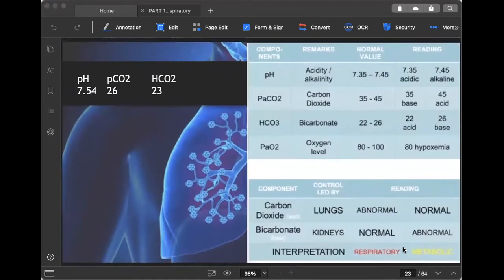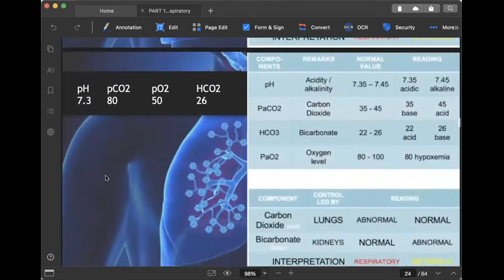The pH is elevated, which is 7.54. This is alkaline. Your bicarbonate is 23, that is normal range, but your carbon dioxide is 26, that is also abnormal. So this one will also fall under respiratory alkalosis.